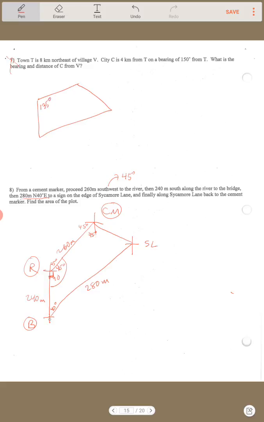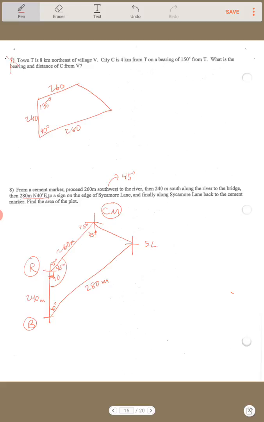Okay. We know that this angle forms a 40-degree angle, so we're going to say 40 degrees here. We're going to say that each of those side lengths are 260, 240, and 280, and I think that's it. That's all the information that we're given.